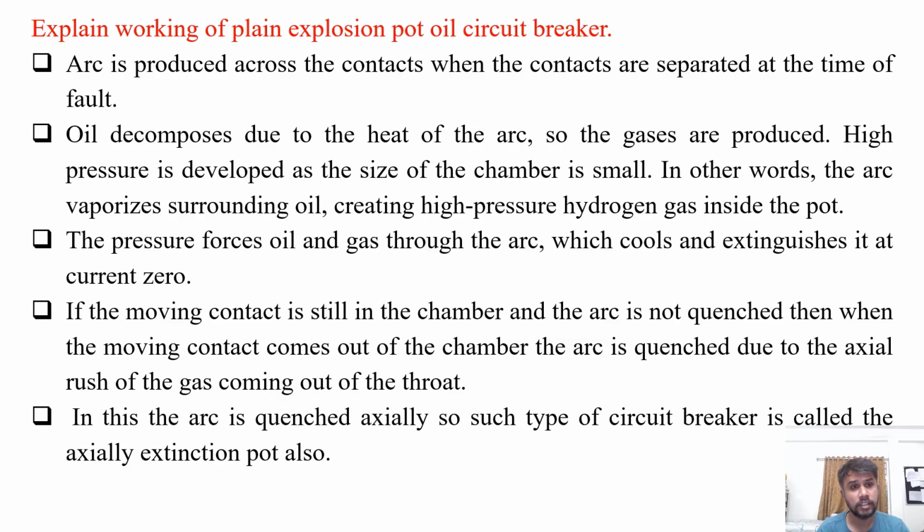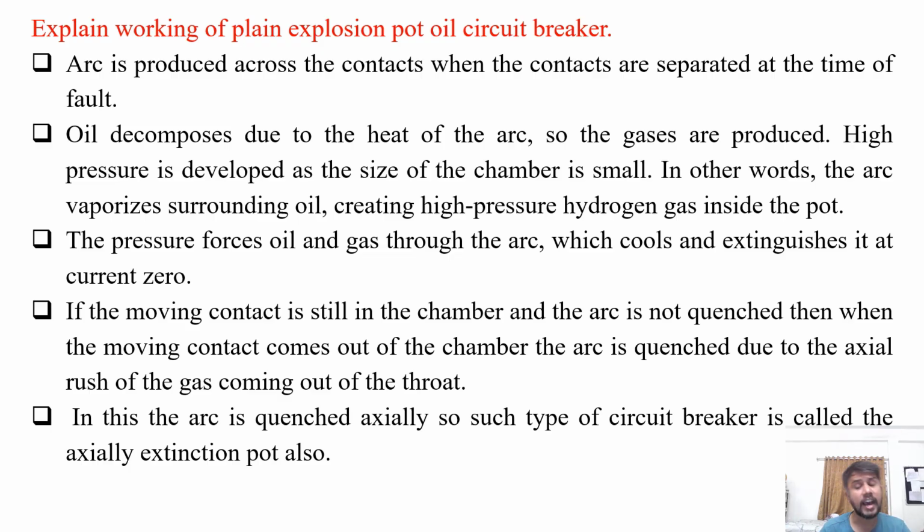In other words, the arc vaporizes surrounding oil, creating high pressure hydrogen gas inside the pot. The pressure forces the oil and gas through the arc, which cools and extinguishes it at current zero interval. If the moving contact is still in the chamber and the arc is not quenched, then when the moving contact comes out of the chamber from the bottom of the pot, the arc is quenched due to the axial rush of the gas coming out of the throat.